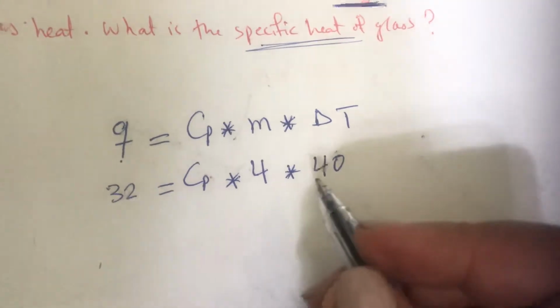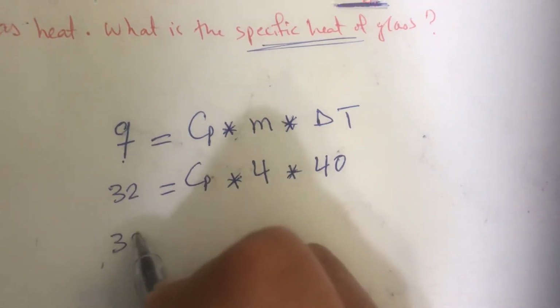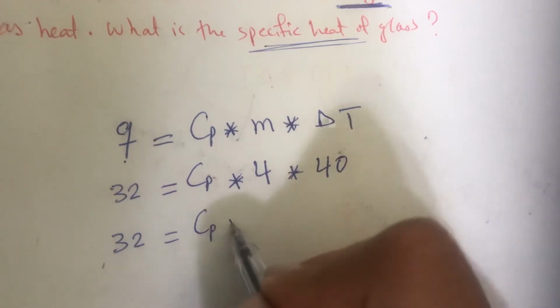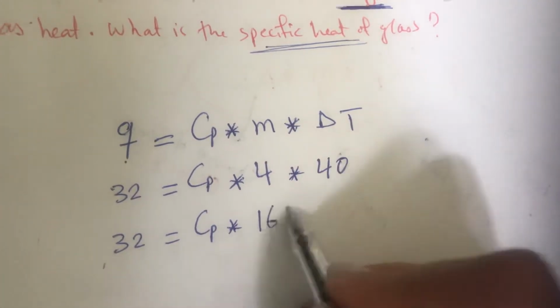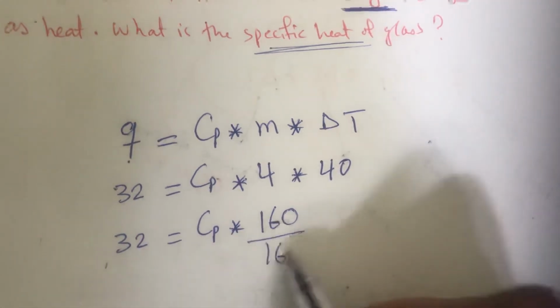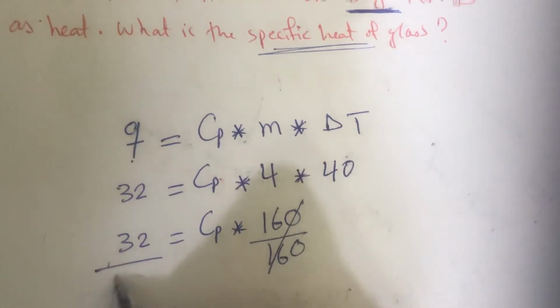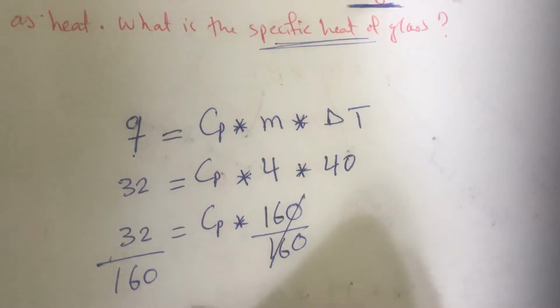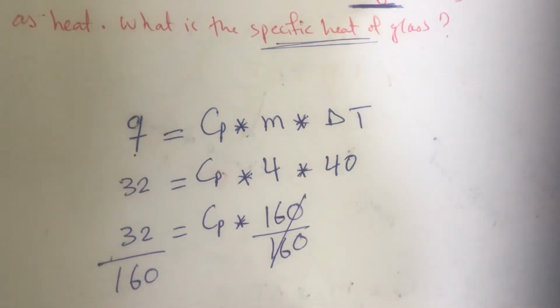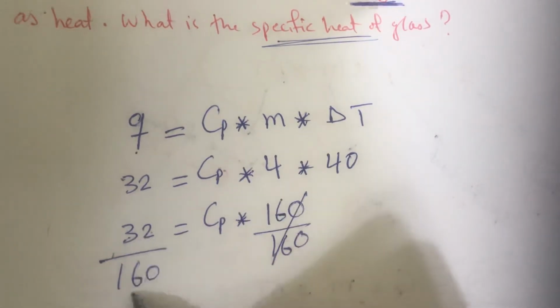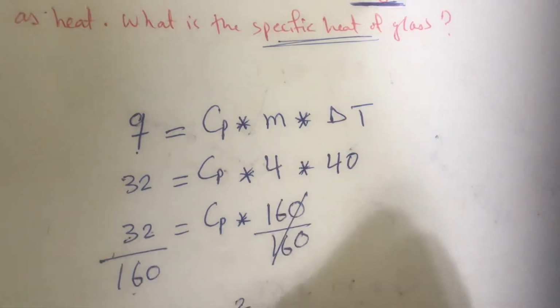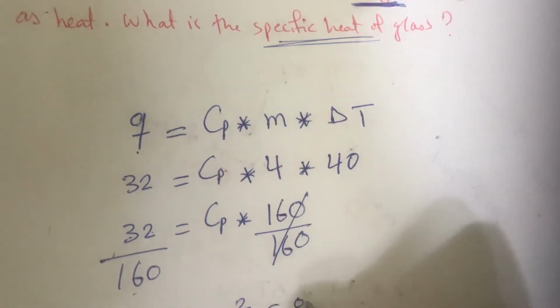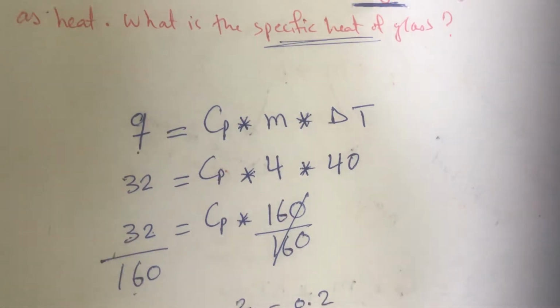So 32 equals specific heat times 4 times 40, which is 160. So specific heat equals 32 over 160, which is 0.2.